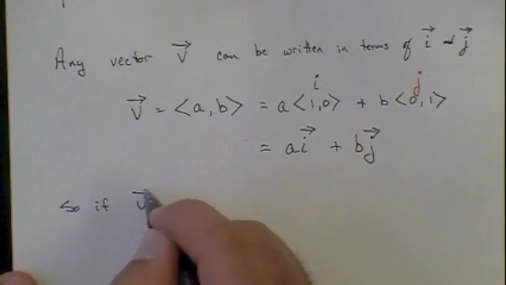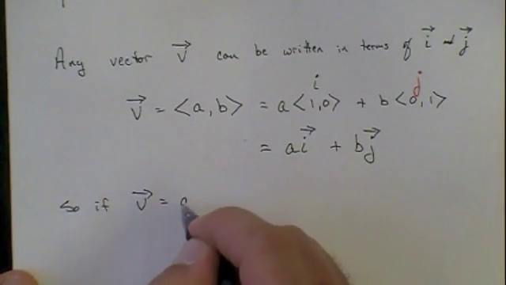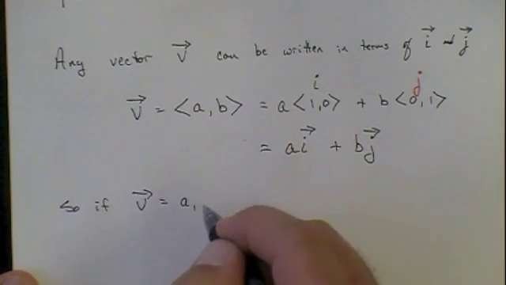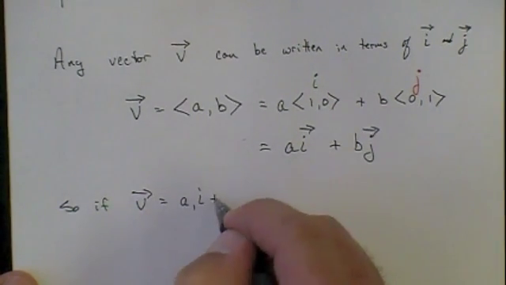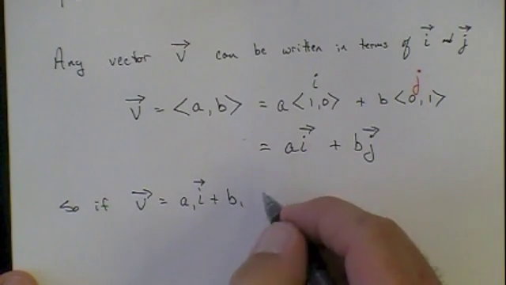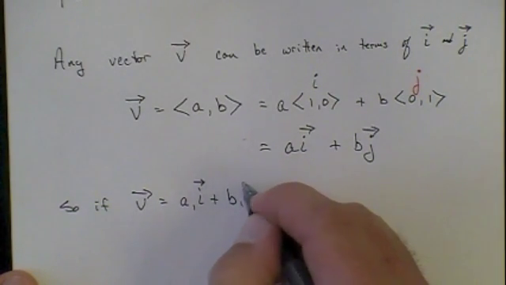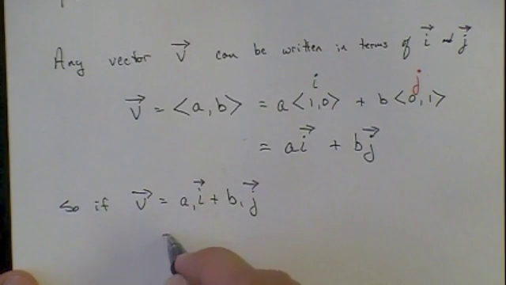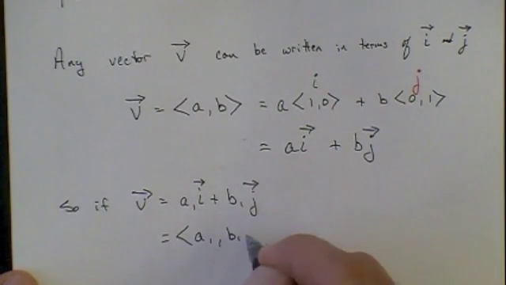So if we have our vector, and we have our component here, a1, that's our i component, and then b1 is our j component. So we could say that our components here are a1 and b1.